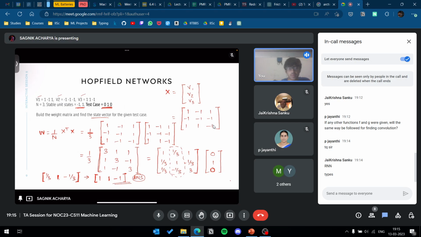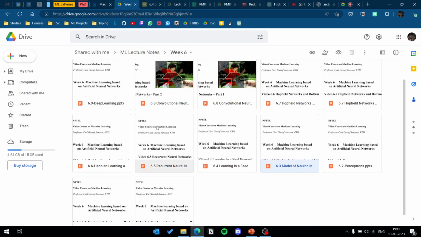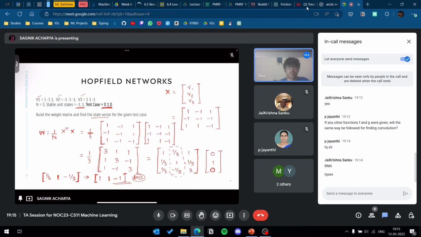So types of RNN. I mean, you can go through the lectures and you will find your answer, right? If you want the types of RNN, there's no point asking me. But okay, so instead of sharing the screen, I'll share my laptop screen, and we'll look at the RNN types there. If you have any doubts from there, you can ask me, right?